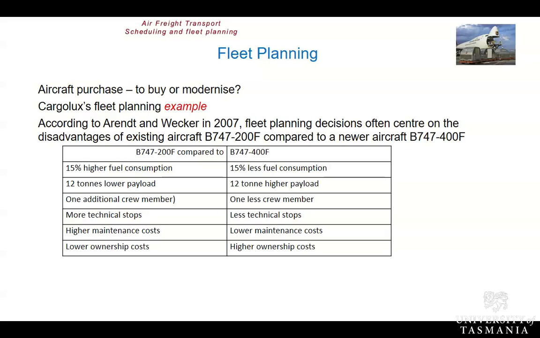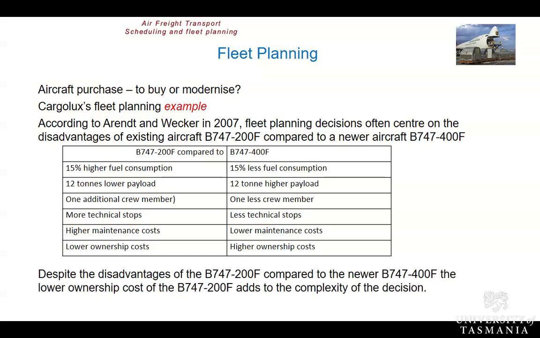And that's really all about the investment that the airline has to make in that particular aircraft. You can see the compelling reasons why that would be something that you would want to bring into your fleet, but as usual, that scenario in regards to ownership costs and investment adds just that level of complexity to the decision.